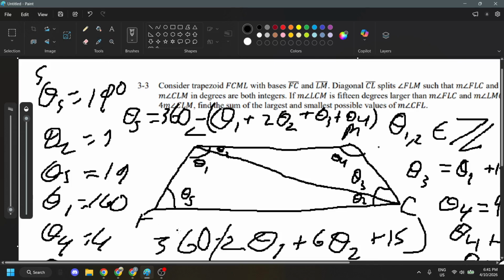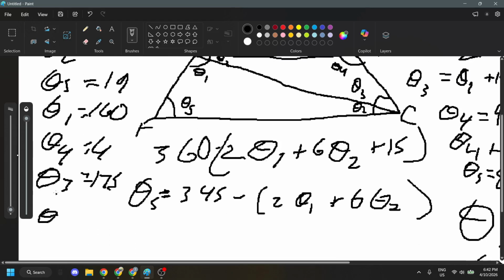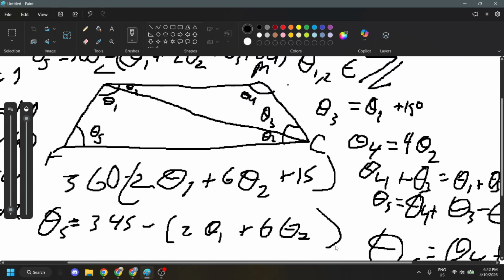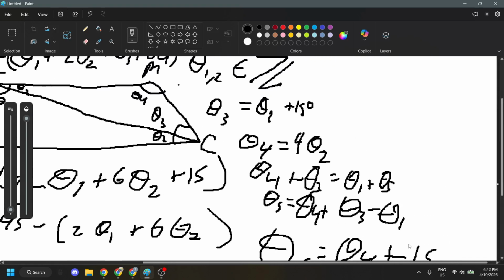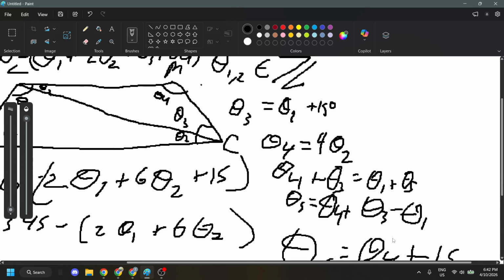It's the largest value. Well, it can't be more than 180. So let's try, and it can't be 180. Let's try theta 2? Theta 2 cannot be equal to 179, because theta 4 has to be larger.